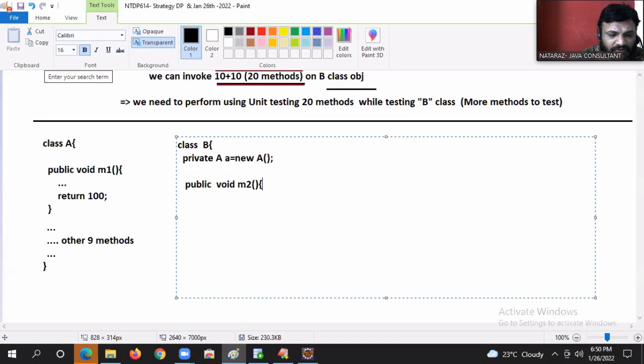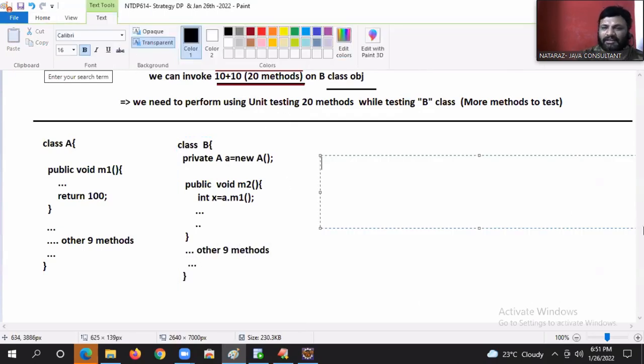M2. int x is equal to a.M1(). Other 9 methods. Tell me, guys.